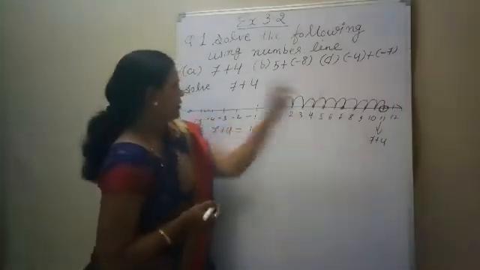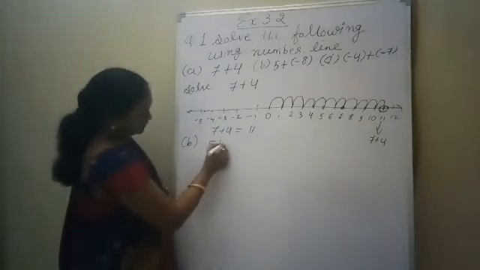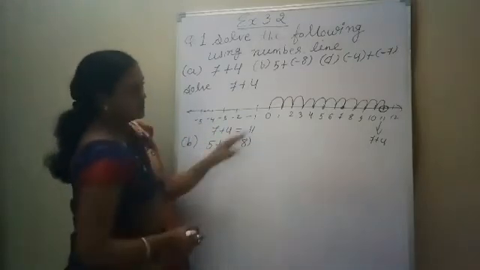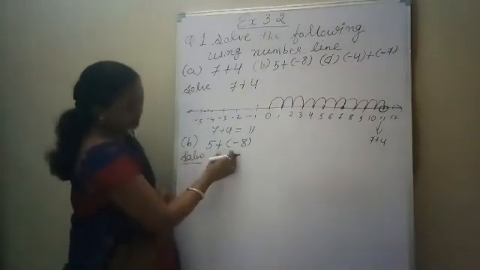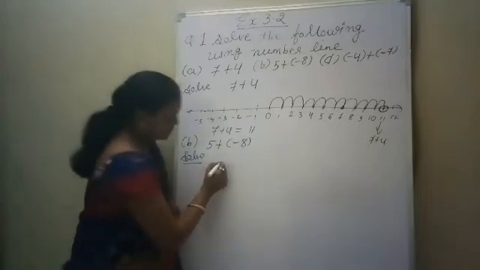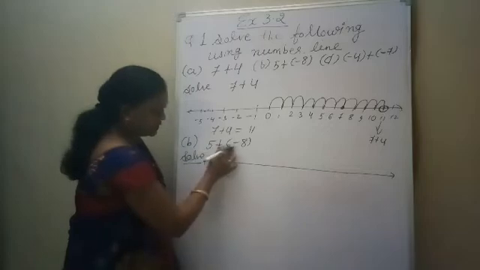Now the B part. When we go through the B part, it is 5 plus minus 8. Look here, in this B part the first one is a positive number and the second one is negative.